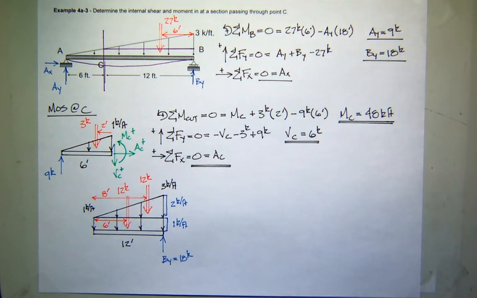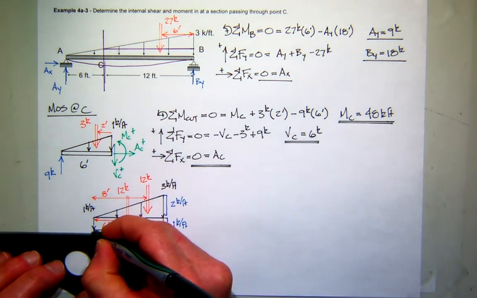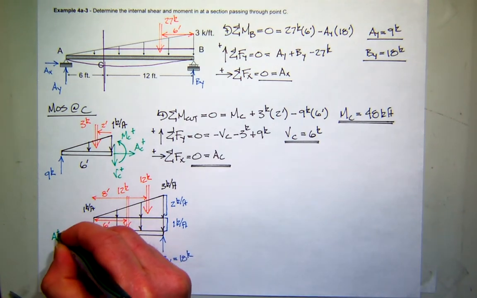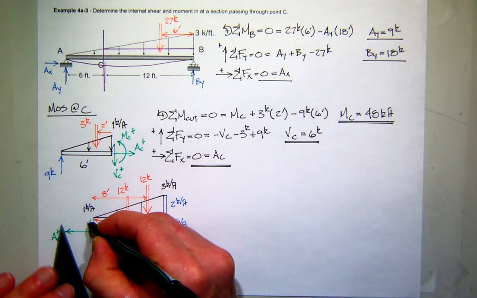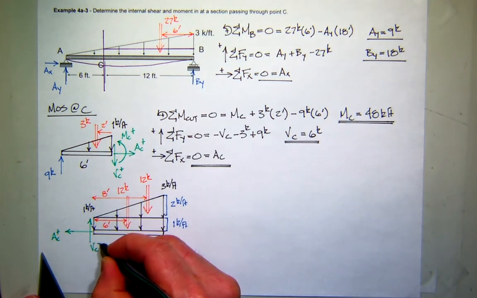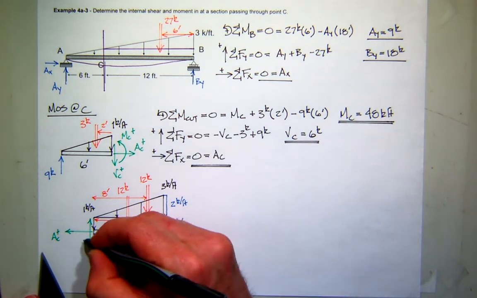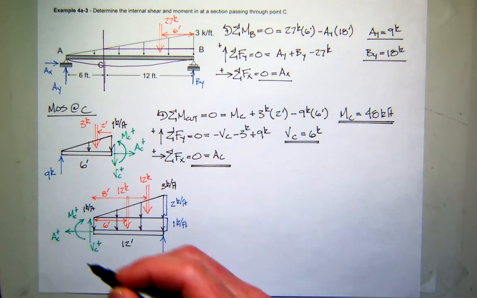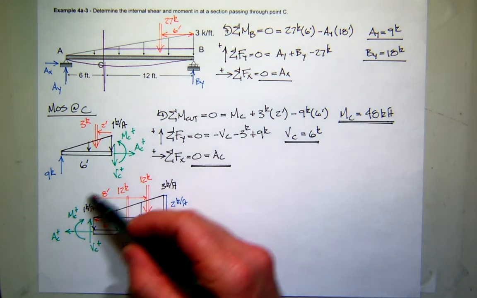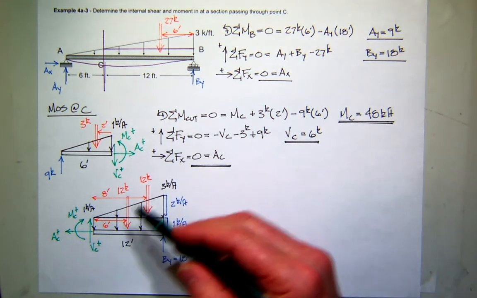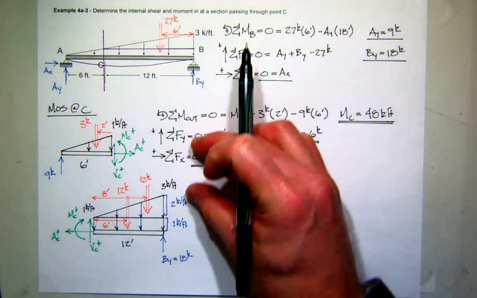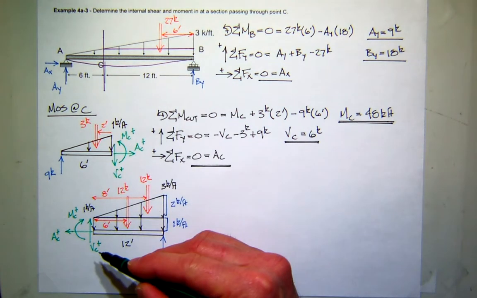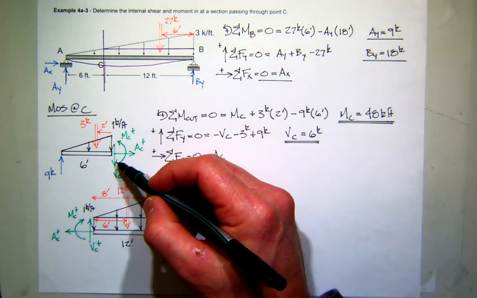And then at the cut itself, this is one thing I want to make sure that you see. This is positive shear at C, axial force at C. This is positive shear force at C. And this is positive bending moment at C. So if you compare these two, if I were to take this free body diagram and stick it here and reunite it with the left side, you'd see the shear forces are equal and opposite, so they would cancel out.